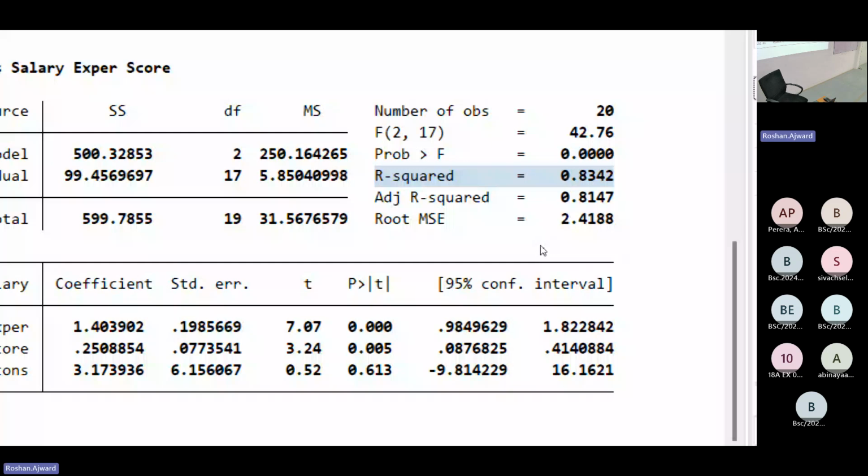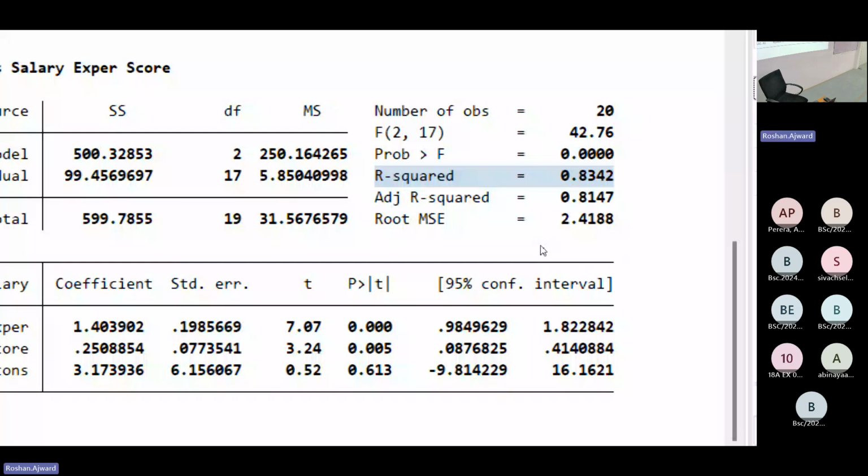Did you understand? So almost 83% of the variation of the dependent variable, salary, is explained by these two independent variables. That means almost 17% of the variation of the salary variable is explained by some other variables that have not been considered under this equation. Full stop, right?